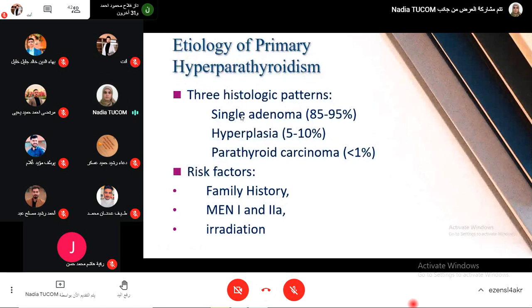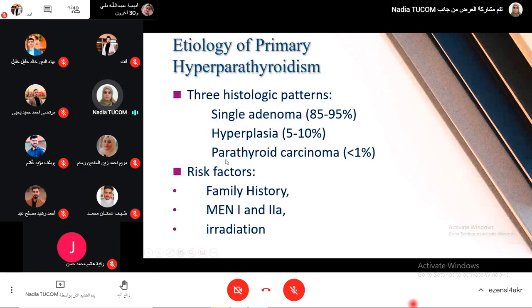So both PTH and blood calcium are elevated, and there is no response to the normal feedback mechanism because neoplastic cells are secreting excess PTH. Hyperplasia and carcinoma are less common. Hyperplasia, we said, is most common in the secondary type, secondary to renal failure.